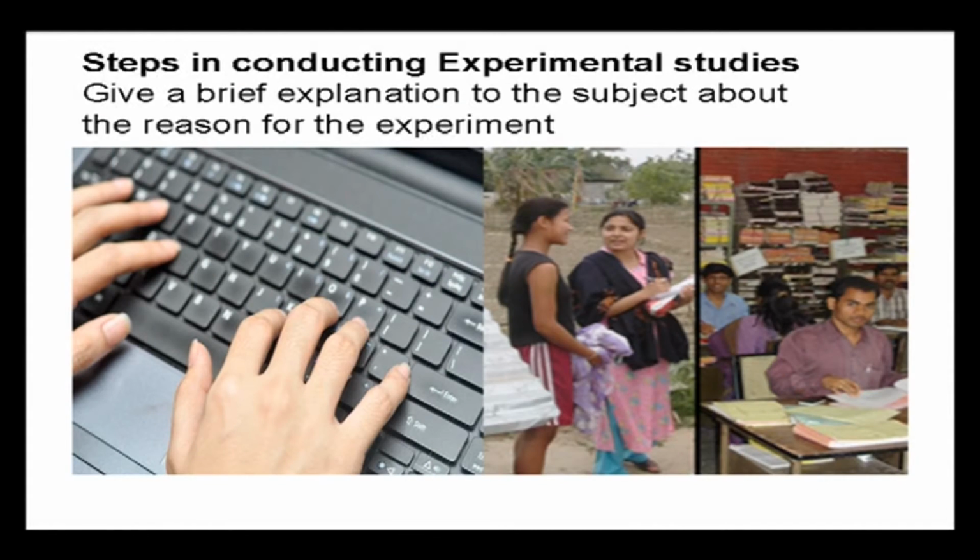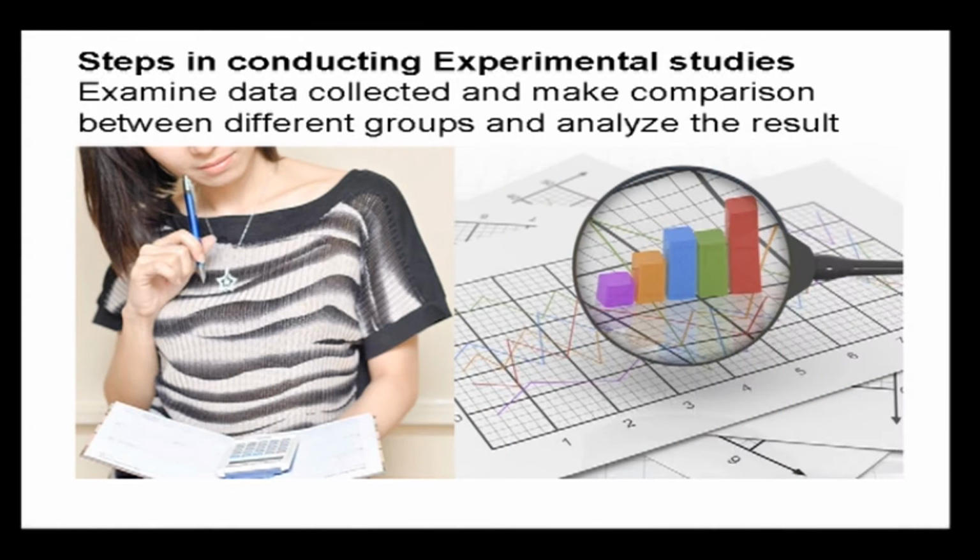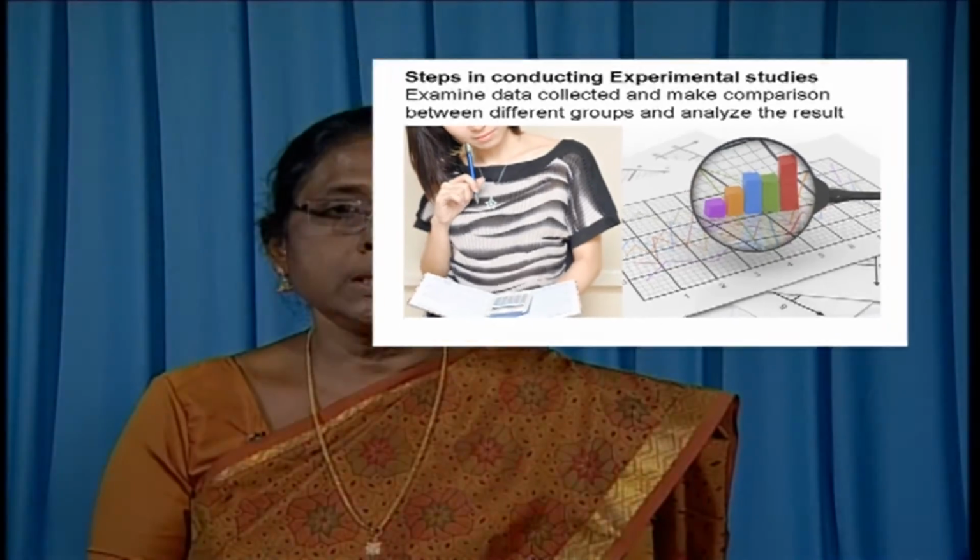But before doing all these things, you have to give a brief explanation to the subjects about the reason for the experiment. Then finally, examine data collected, make comparison between different groups and analyze the results. Statistical tools may be used to prove if the hypothesis is supported or refuted.